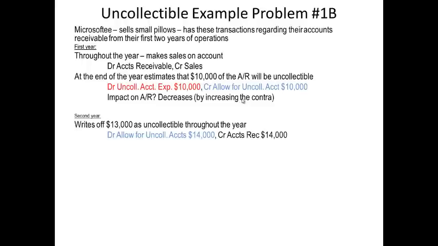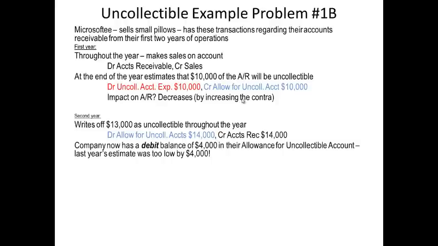Let's say we wrote off $14,000 as uncollectible. So you debit the uncollectible accounts $14,000, you credit accounts receivable $14,000, and now at the end of the year we have a debit balance of $4,000 in our uncollectible accounts. Last year's estimate was too low by $4,000. We estimated $10,000. We ended up writing off $14,000.